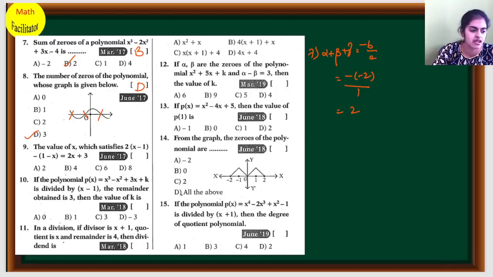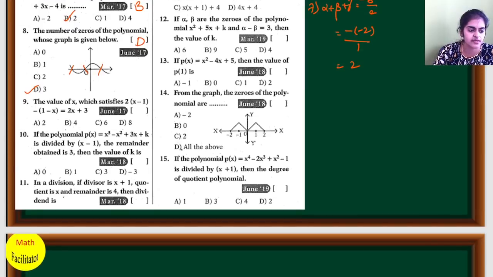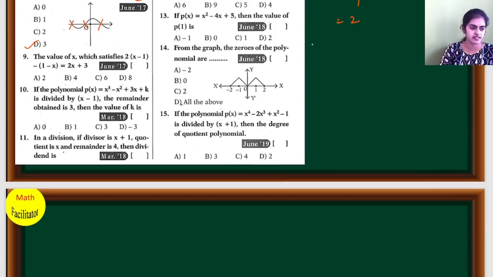The value of x which satisfies 2x minus 1 minus of 1 minus x equal to 2x plus 3. You'll have to solve this.